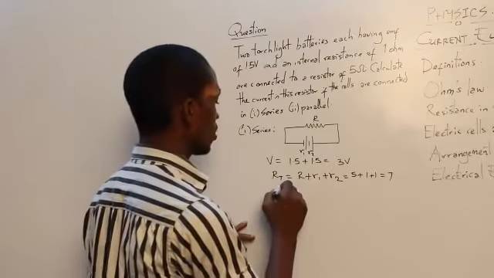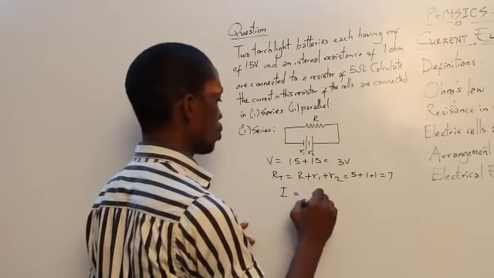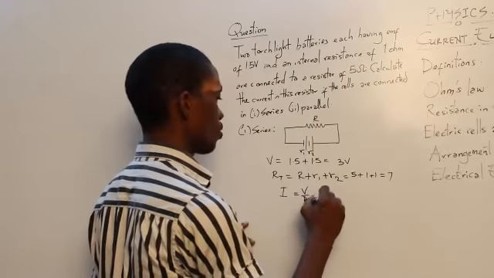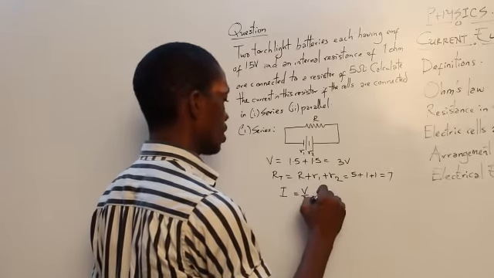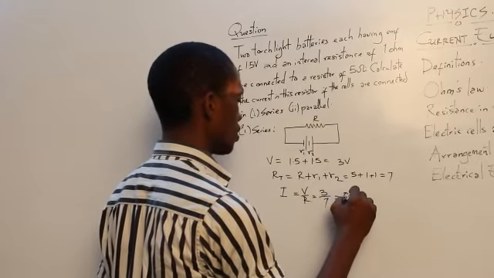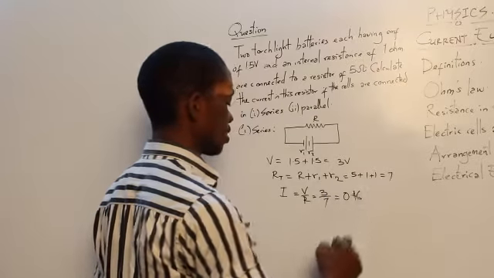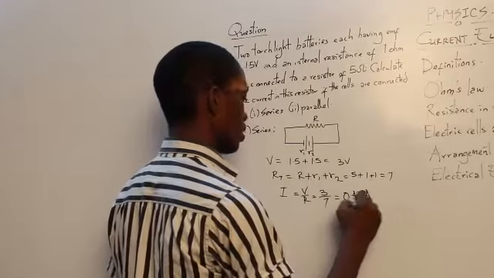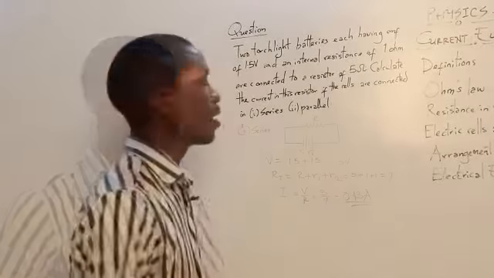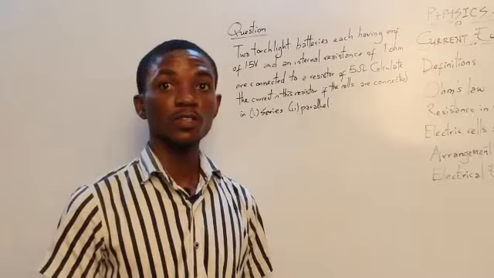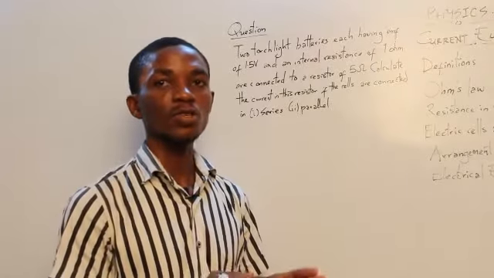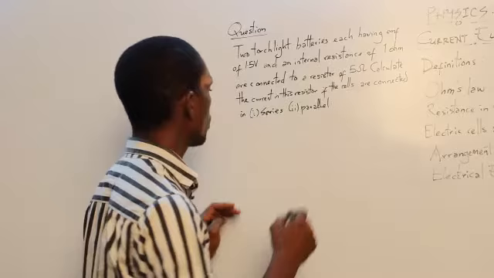So the total current flowing through would equal V over R, which is 3 divided by 7. That will give 0.43 amperes. Now, in a parallel connection, the diagram won't look like that. It will look a bit different. What would it look like?